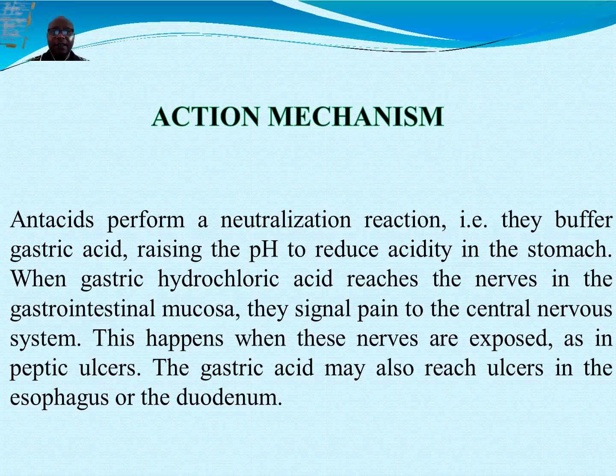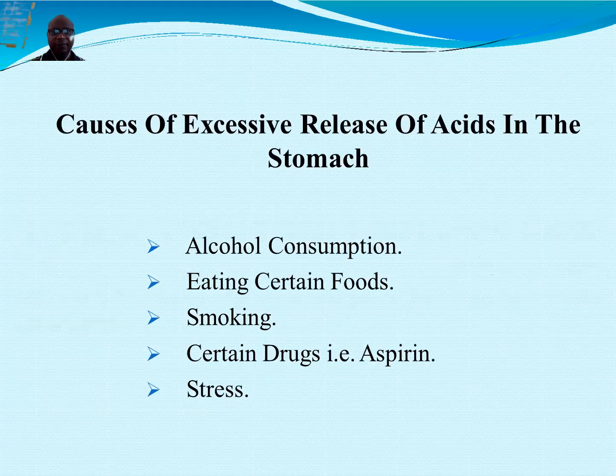When gastric hydrochloric acid reaches the nerves in the gastrointestinal mucosa, and you know that the gastric mucosa is innervated by the vagus nerve, the signals go to the central nervous system. This results in pain.